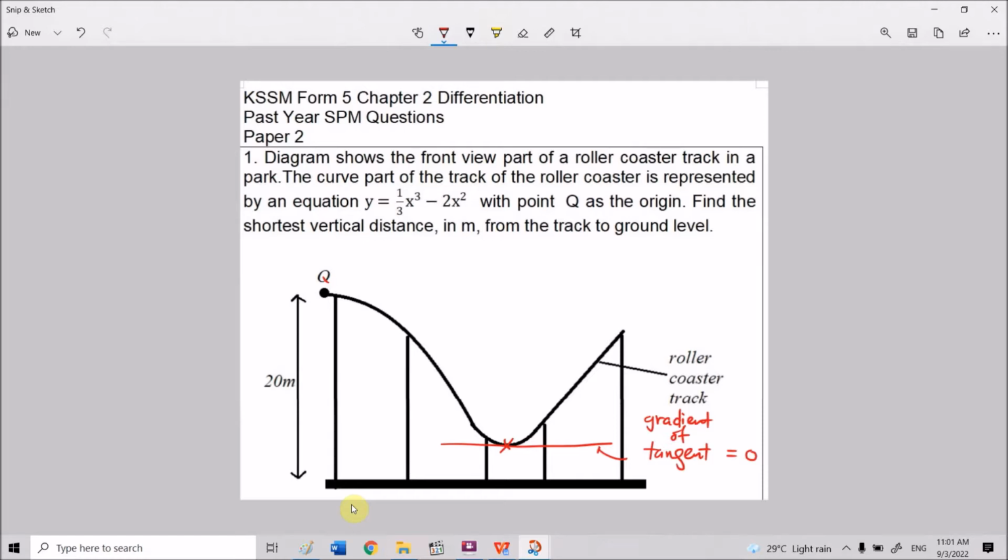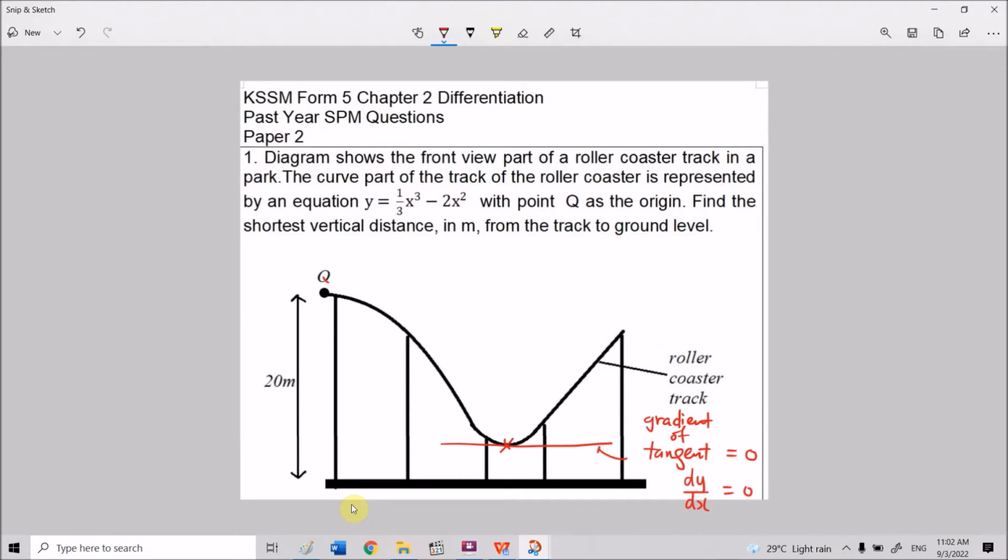By using differentiation. Here, if we take the horizontal distance as the x, and we take the vertical distance as the y, hence the gradient of the tangent will be dy/dx. We differentiate y with respect to x, which equals 0.